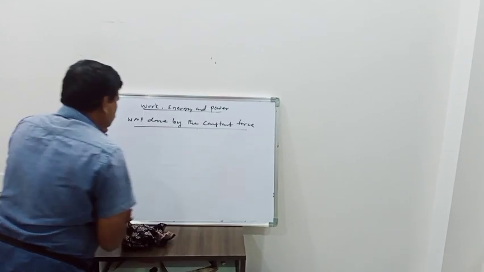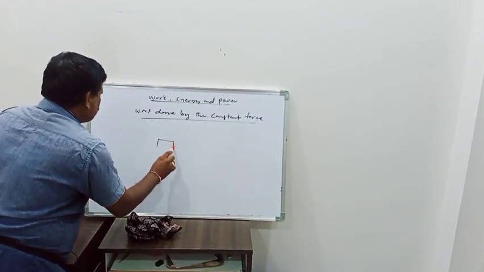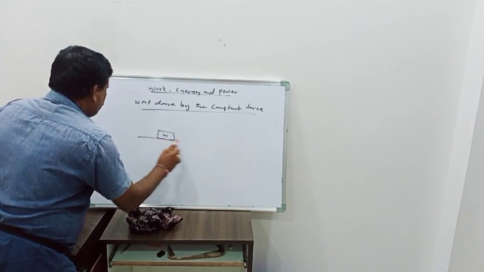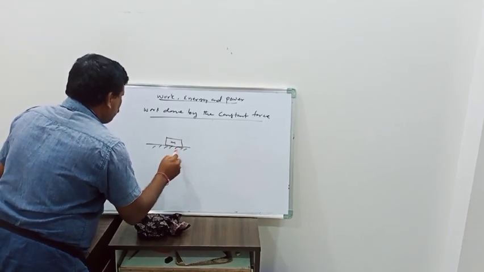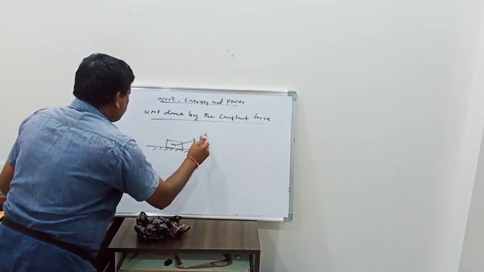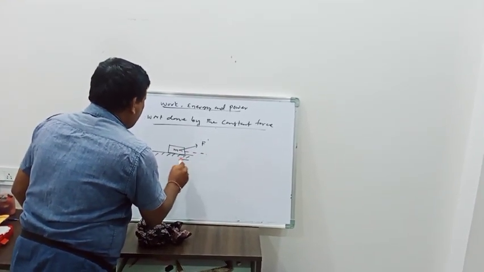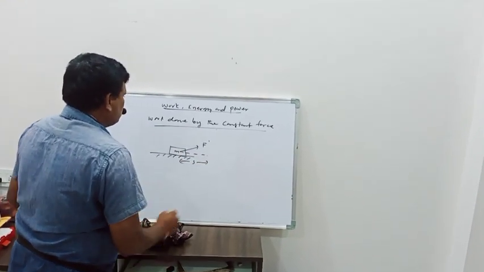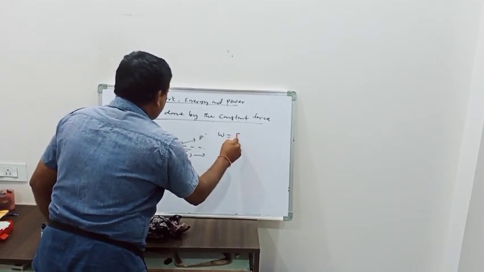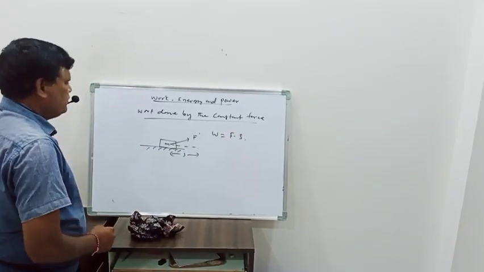Work done by the constant force: let us consider a block of mass m on a horizontal floor. We apply the force F constantly. The displacement of the block is constant. So work done by the constant force is F dot S.